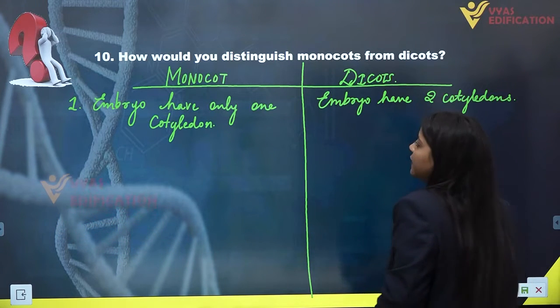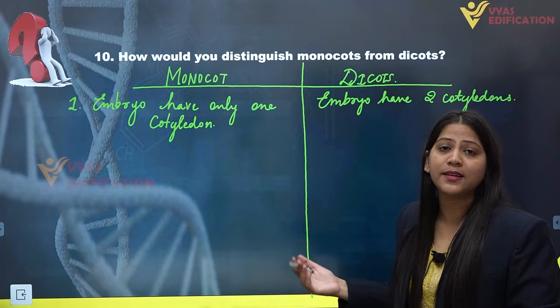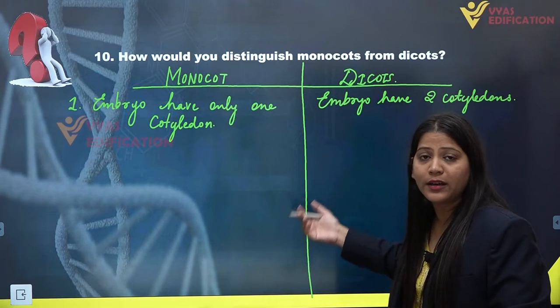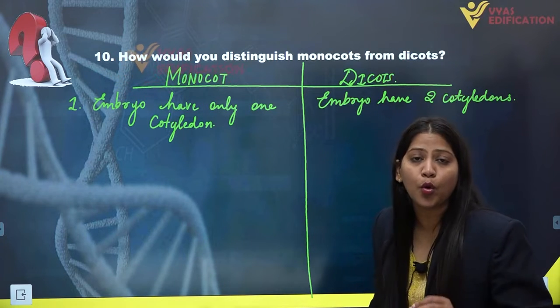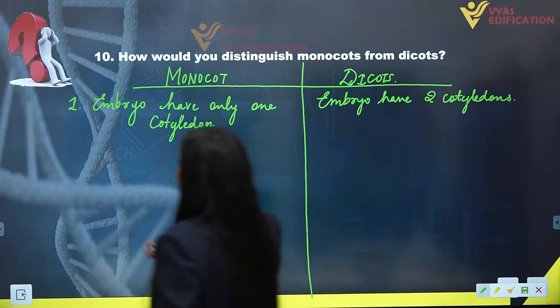That is why the name given to these kinds of plants is dicotyledonous plants or dicots, and the name of the other plants is monocots or monocotyledonous plants.